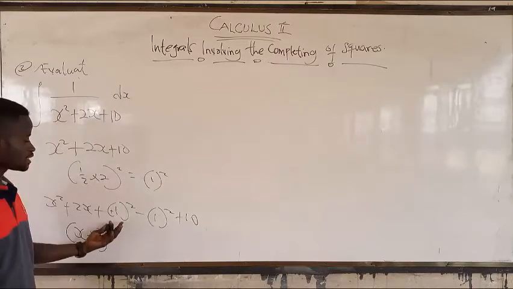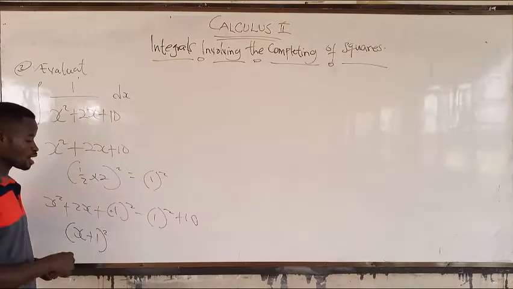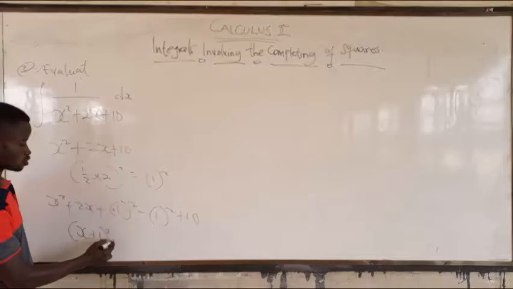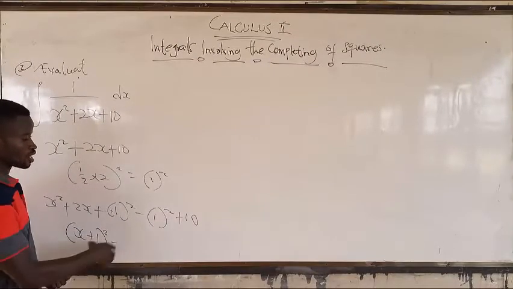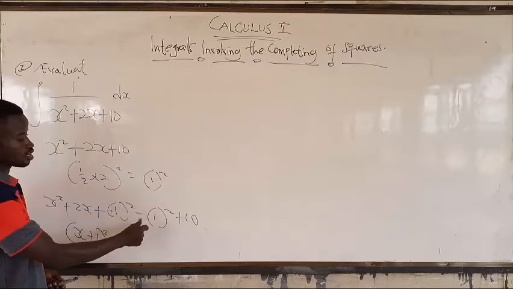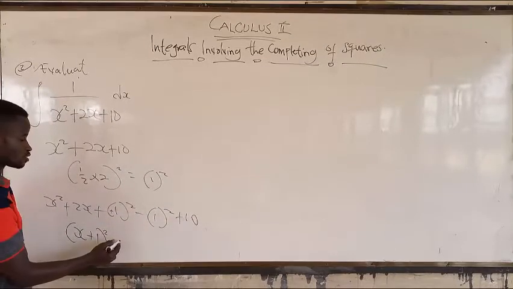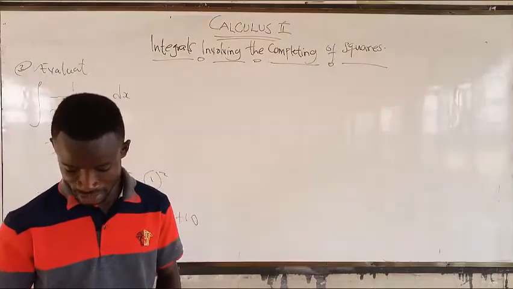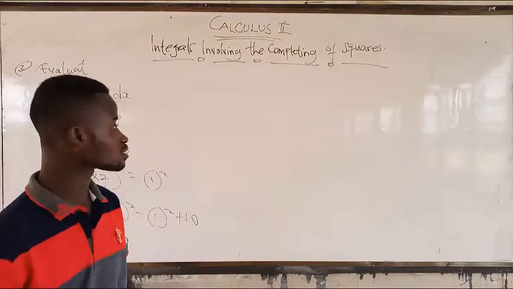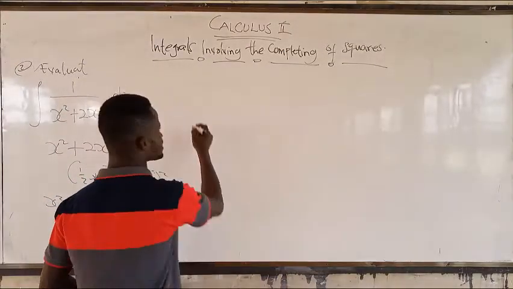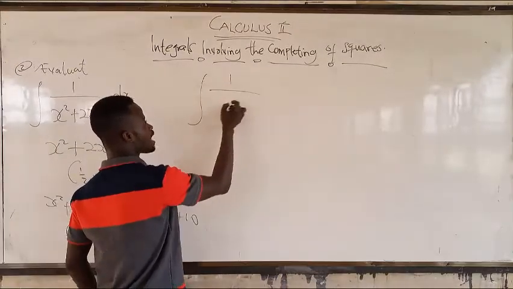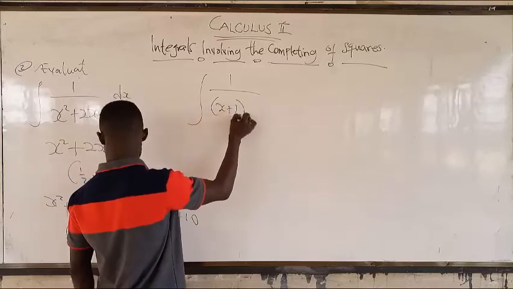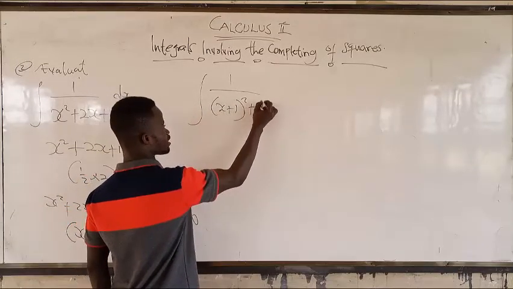You can link this to the previous one that we solved. We had here to be minus. That's why here was minus. And the whole of this, I think you're going to get plus 9. All right, so that is what you are going to get for that. And by substitution, we end up getting s plus 1 squared plus 3 squared.